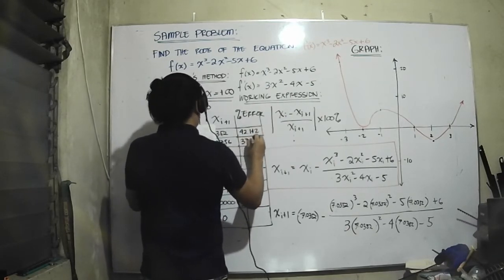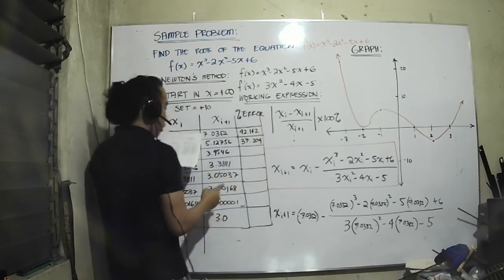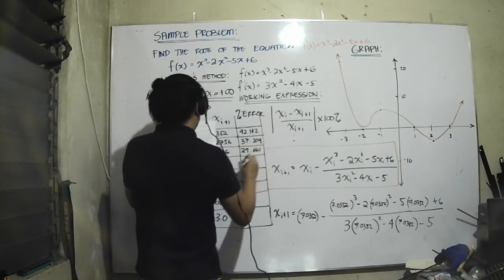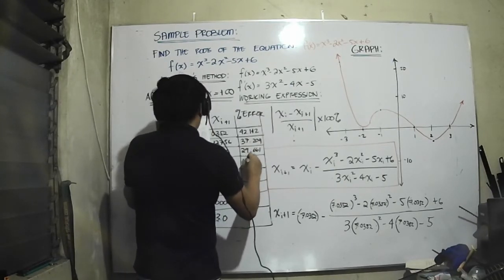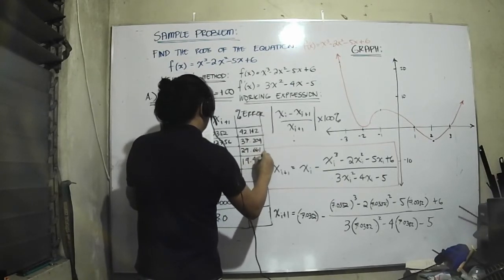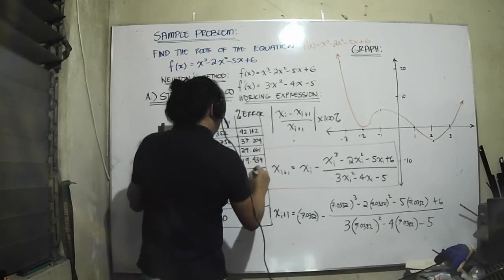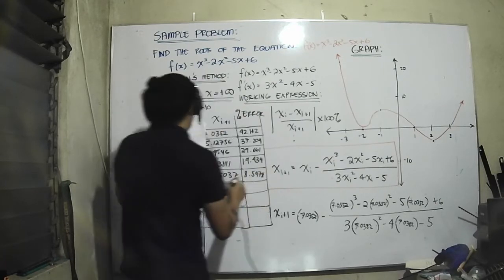Second iteration, 37.204. Third iteration, 29.661. Fourth iteration, 19.434. Fifth iteration is 8.5478.